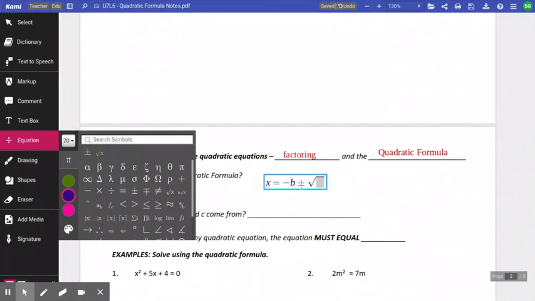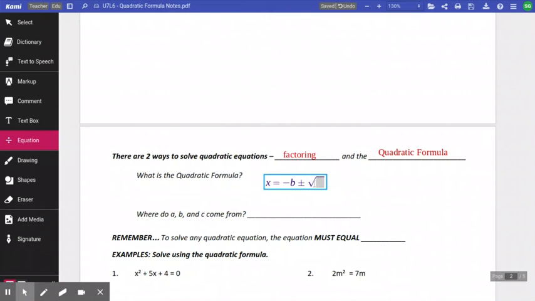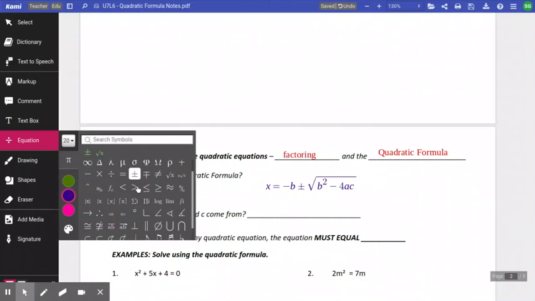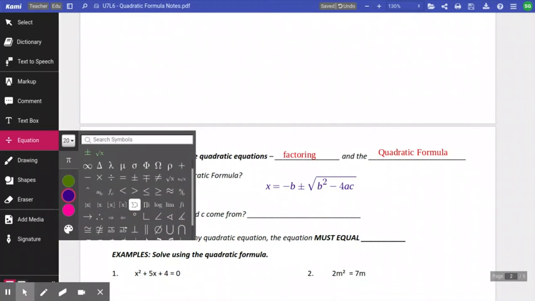Thank you. Plus or minus the square root of b squared minus 4ac, and then all of this is divided by 2a.